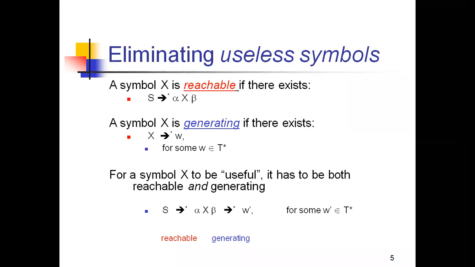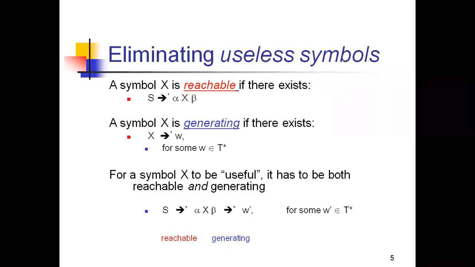A symbol x is generating if there exists x tends to some string w, where w belongs to the terminals. For a symbol x to be useful, it has to be both reachable and generating. That means if x is generating a string and x is a reachable variable, then we can say it is a useful symbol.